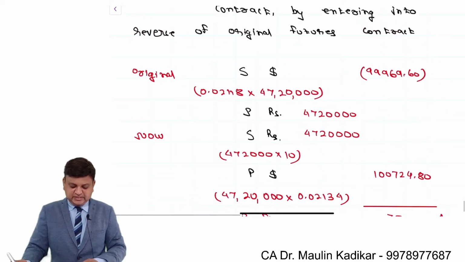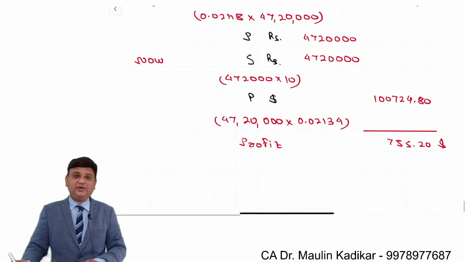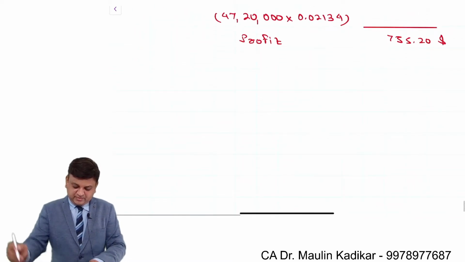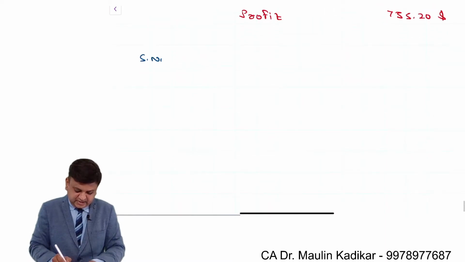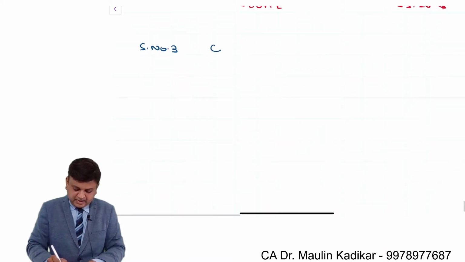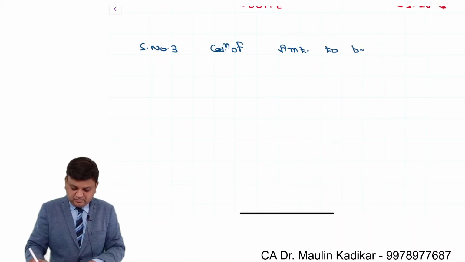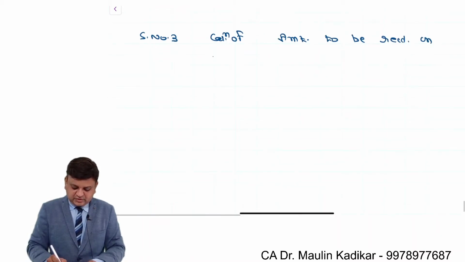Importantly, friends, you can see this time that we are having the profit in the foreign currency. So step number 3, calculation of amount to be received on 1st of September.